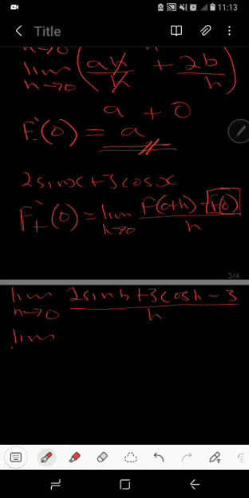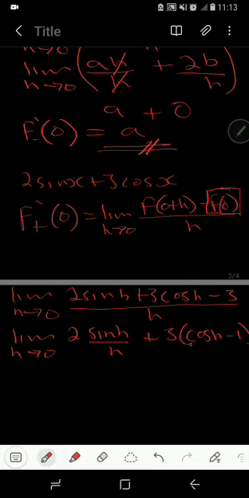So let us do something to this equation. You can rewrite this like this: 2 sine h over h plus 3 times cos h minus 1 over h. Now, according to the rules we have here, in mathematics you follow the rules.